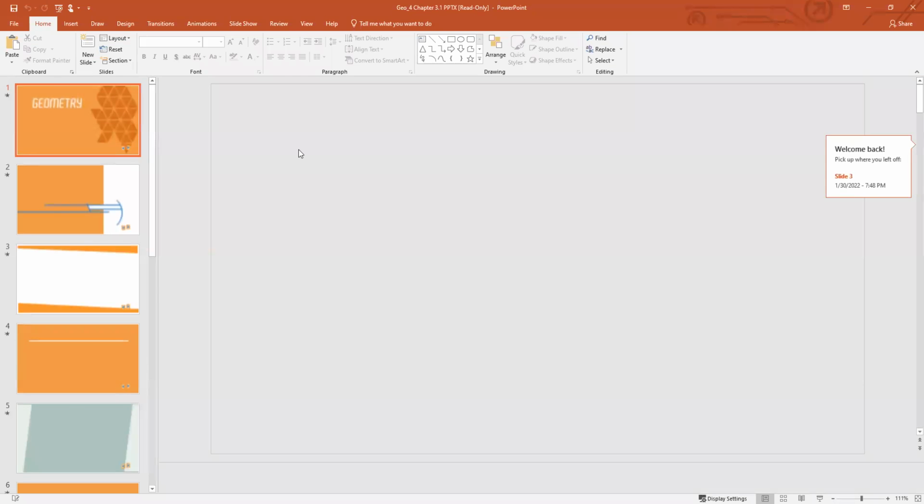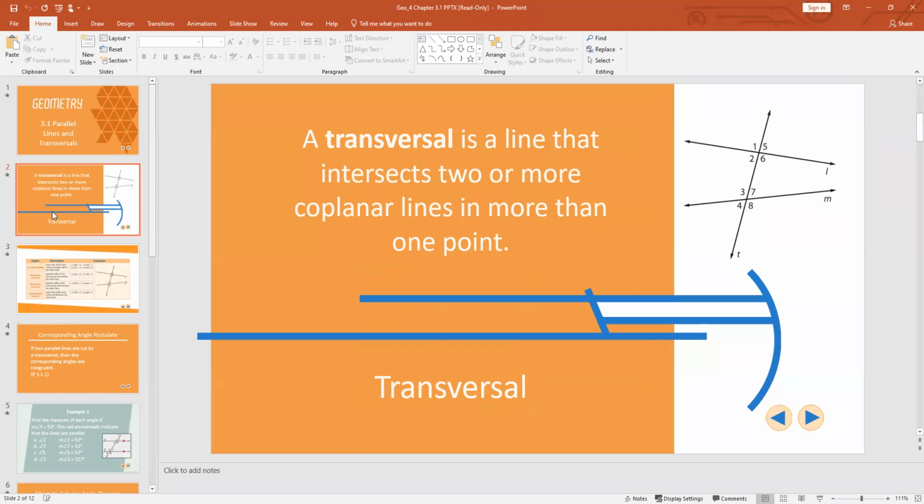Okay, so this is the definition of a transversal. We've got the diagram of one on the side, and you've also got that on your worksheet. It should be pretty similar. A transversal is a line that intersects two or more coplanar lines in more than one point. So what are the two coplanar lines that we're looking at in this diagram?